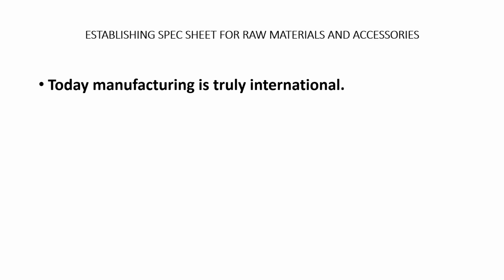This is also a very useful tool to understand what raw materials and accessories are to be used in the particular order which has been placed by the buyer. It also will lead to the sourcing of those raw materials and accessories. So in all aspects, this particular topic is very important in this unit 3.